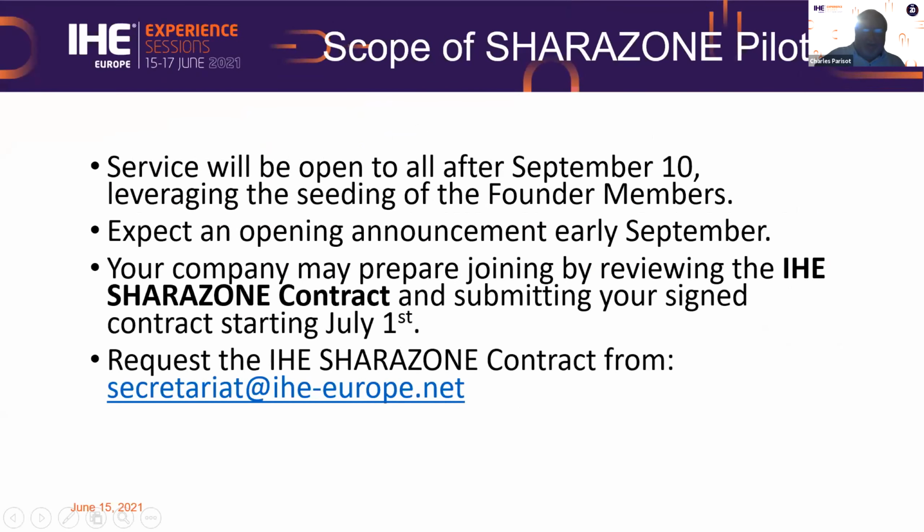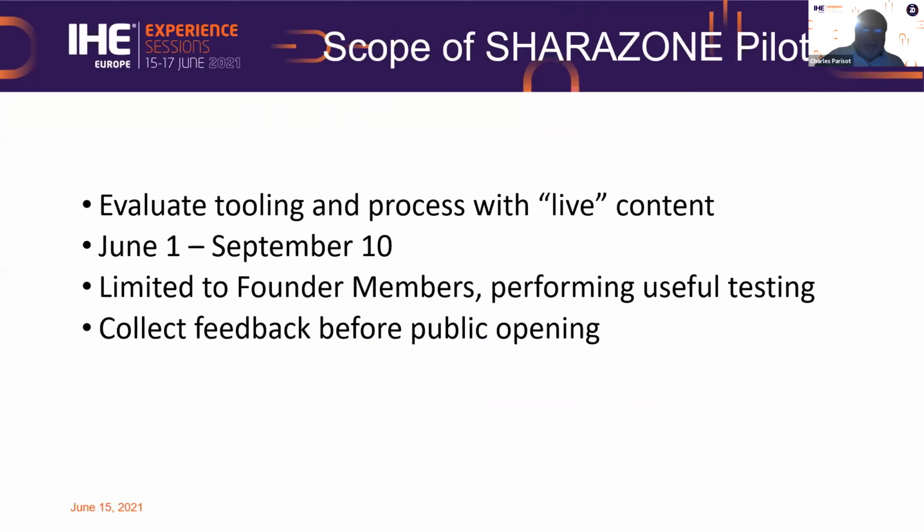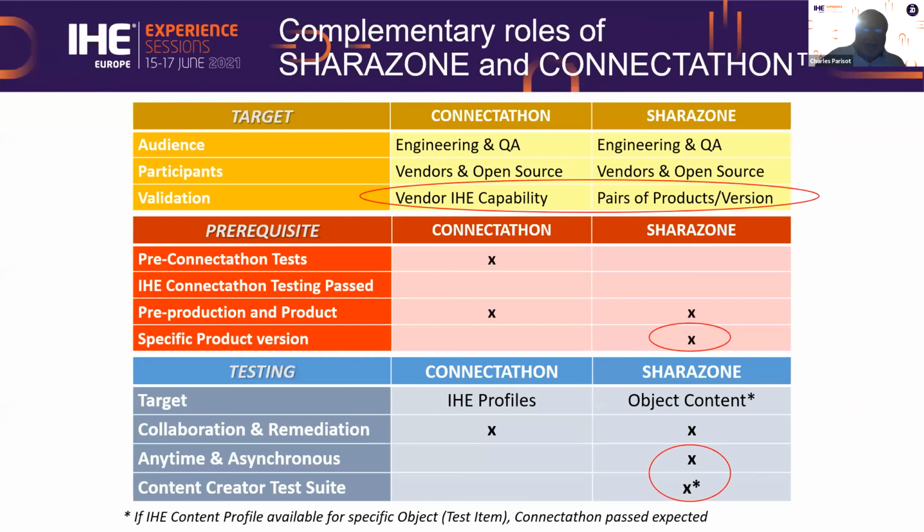So the answer to this, and I'm going back in the slide, is yes, there is a documenting capability that Shareazone offers. And this documenting capability is the fact that when you submit something to test, you will get back a test report.